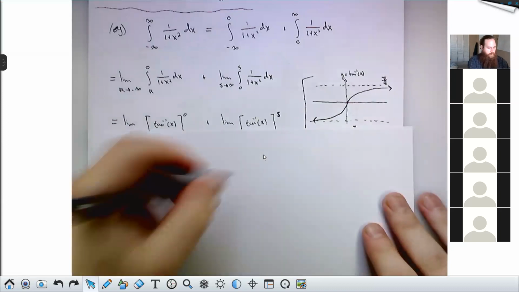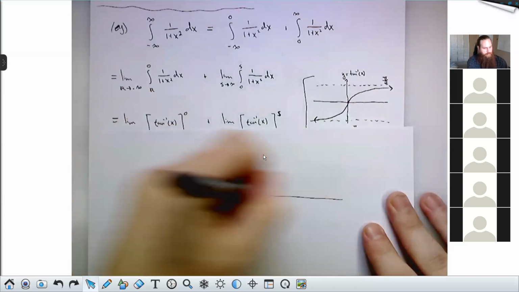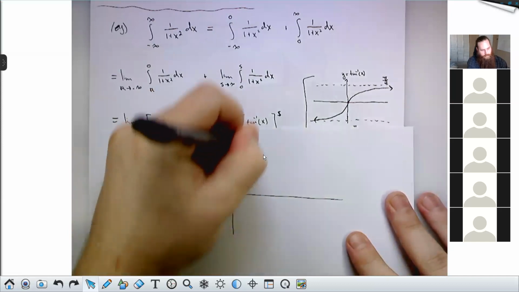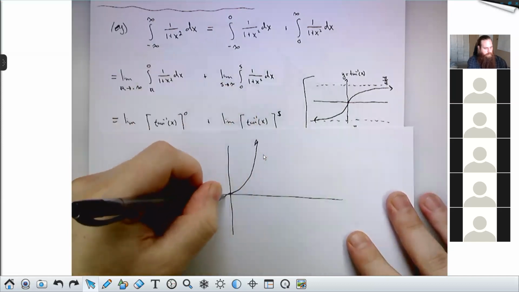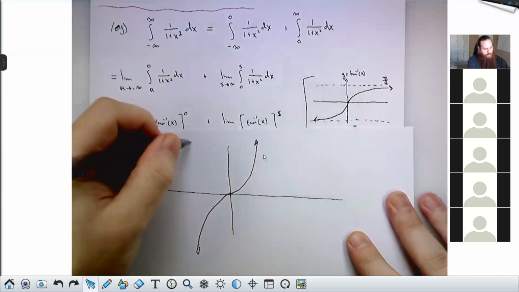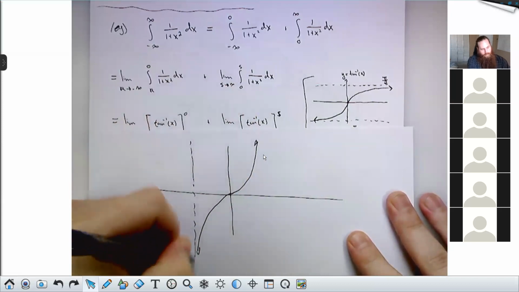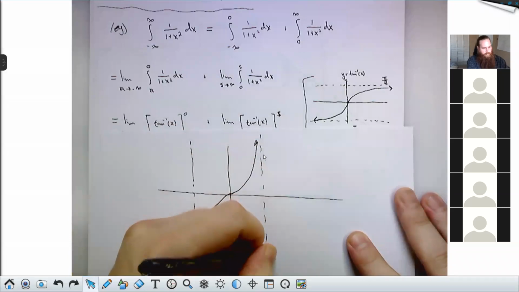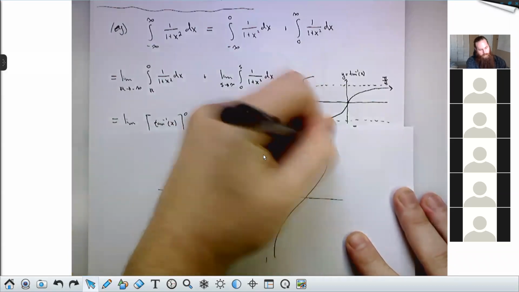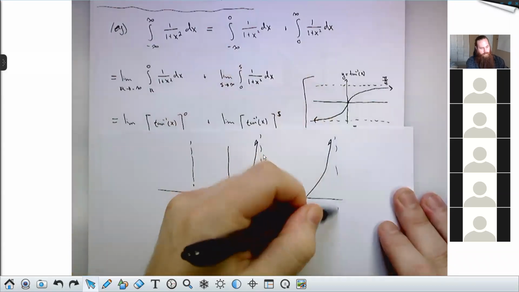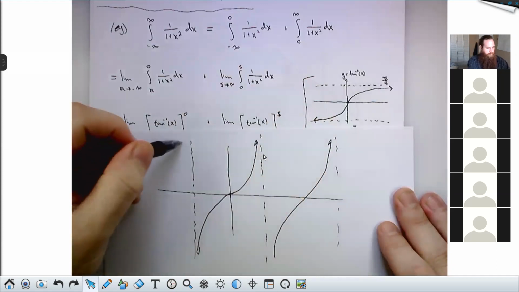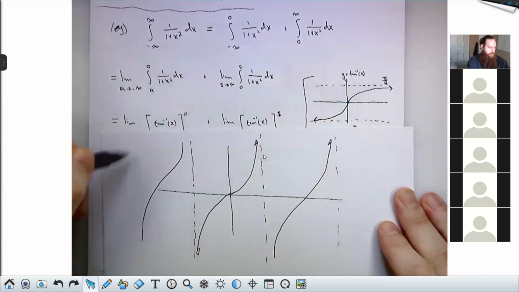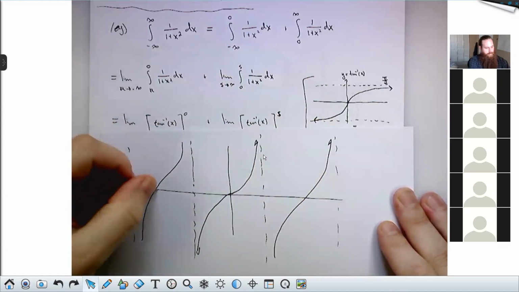So remember, regular tangent has a graph like this. The vertical asymptote's here, and then it's periodic. The vertical asymptote here. The VA here.